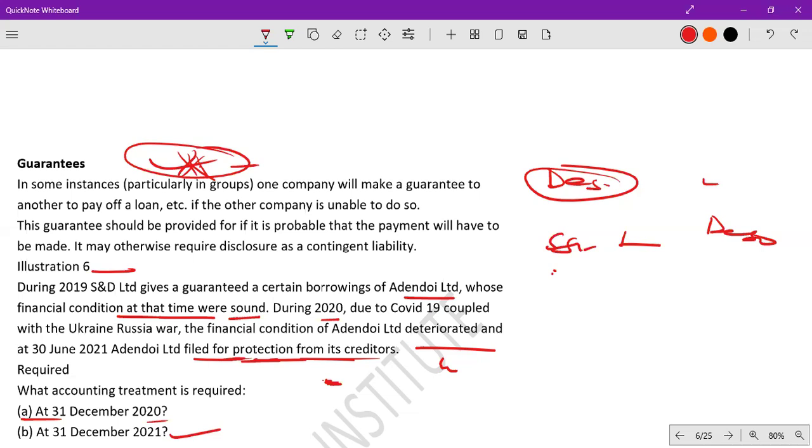So you know that in 2020, maybe the value of the loan might have reduced because he's servicing the loan. So it is at the point where it becomes difficult for him that the amount available at that point is the amount of provision required.